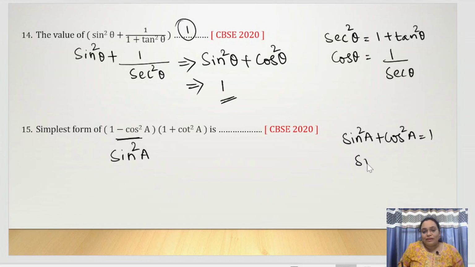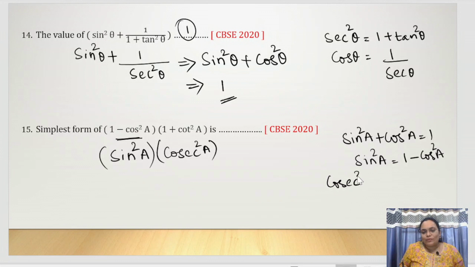So from here, if you want sine square A, we will send cos square A to RHS, which is 1 minus cos square A, right? Into, see, 1 plus cot square A. 1 plus cot square A is nothing but cosecant square A. Okay.